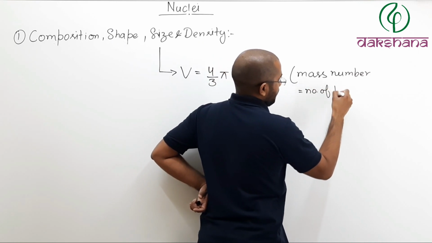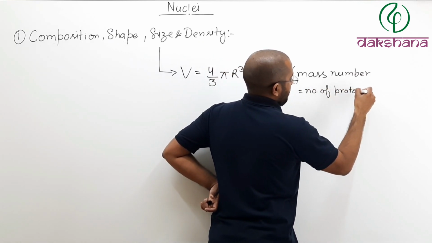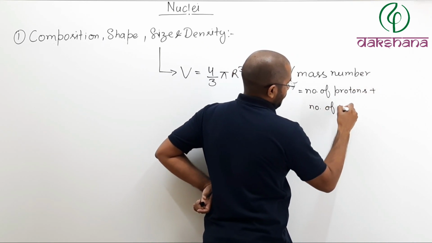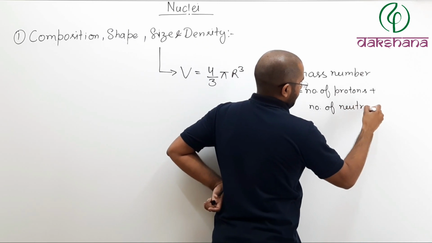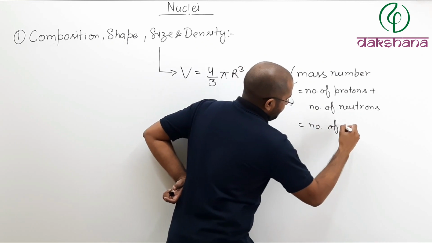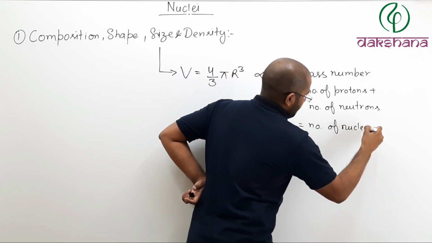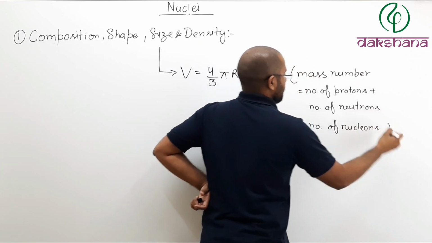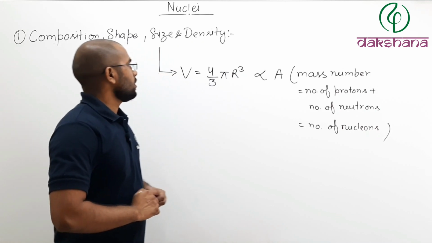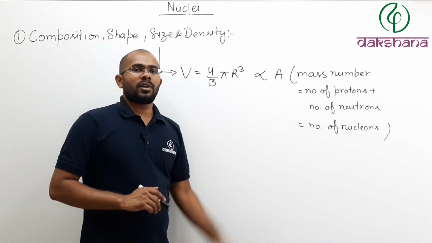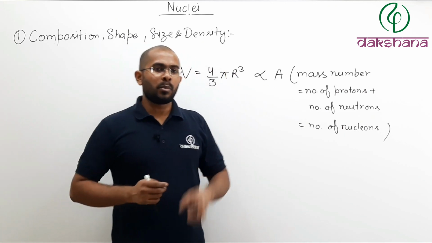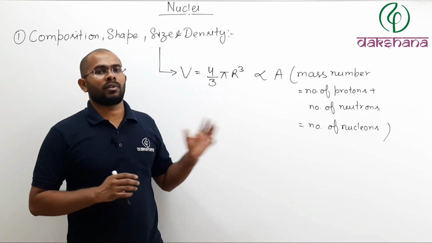Number of protons plus number of neutrons, which is equal to the number of nucleons. Protons plus neutrons are collectively called nucleons. So the size of the nucleus will be proportional to the number of nucleons. The more the number of nucleons, the more will be the size of your nucleus.